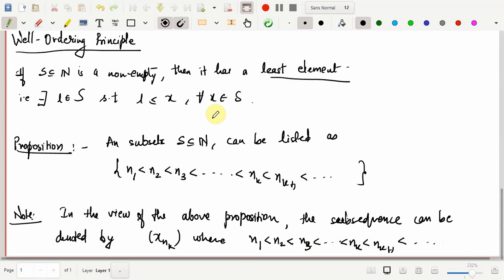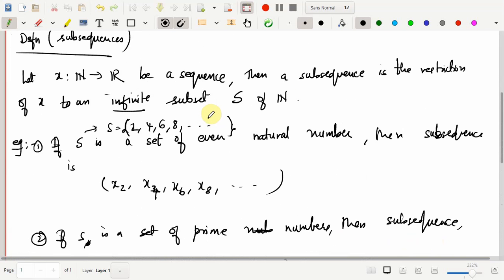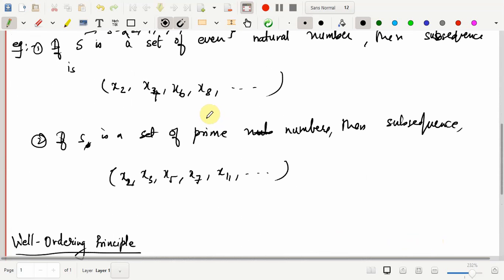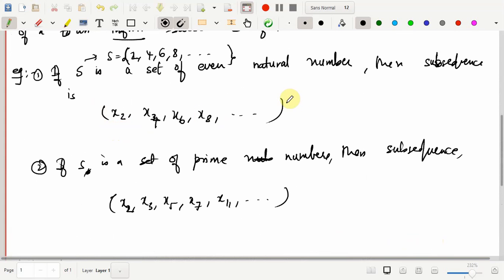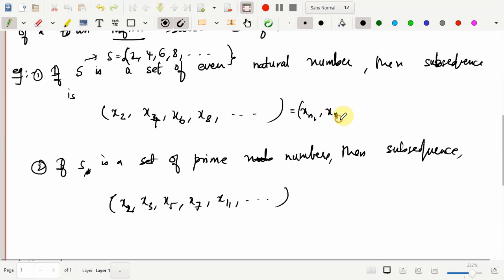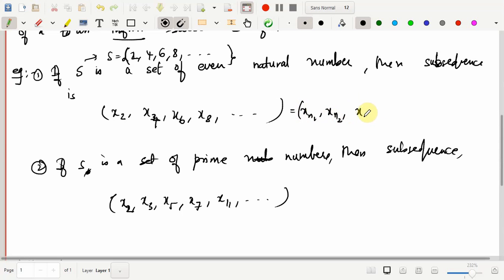Now I would like to go back to this example. If I write this using the notation I've mentioned just now, then x2 becomes x_{n1}, x4 becomes x_{n2}, x6 becomes x_{n3}, and this goes on. So how do I relate nk to k? k is actually the placement in the new sequence.